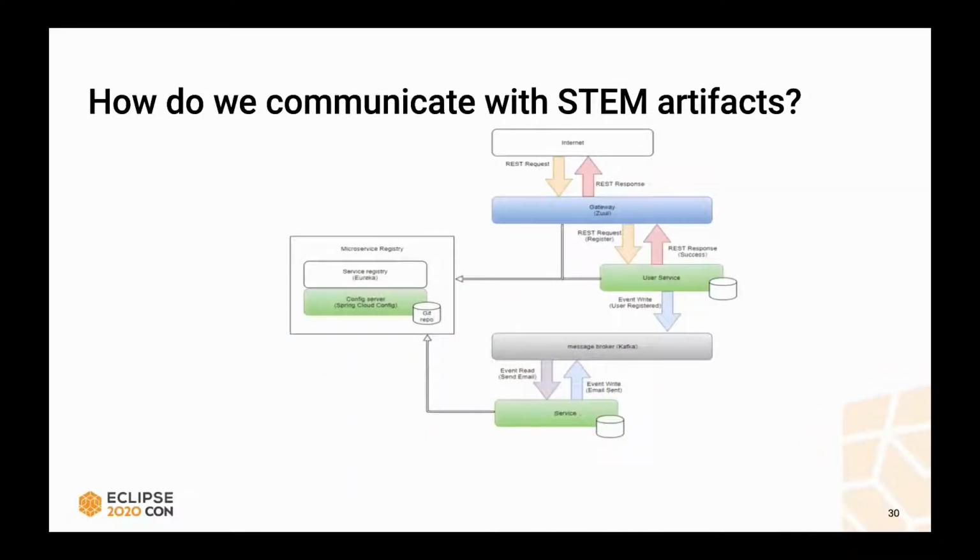Here you can see the initial design of the solution, where we have some central components like the service registry.